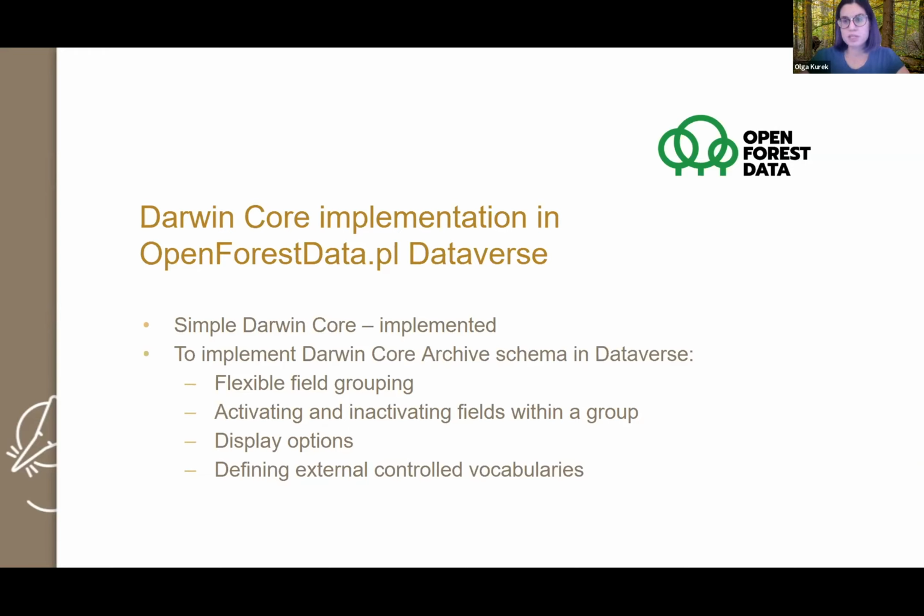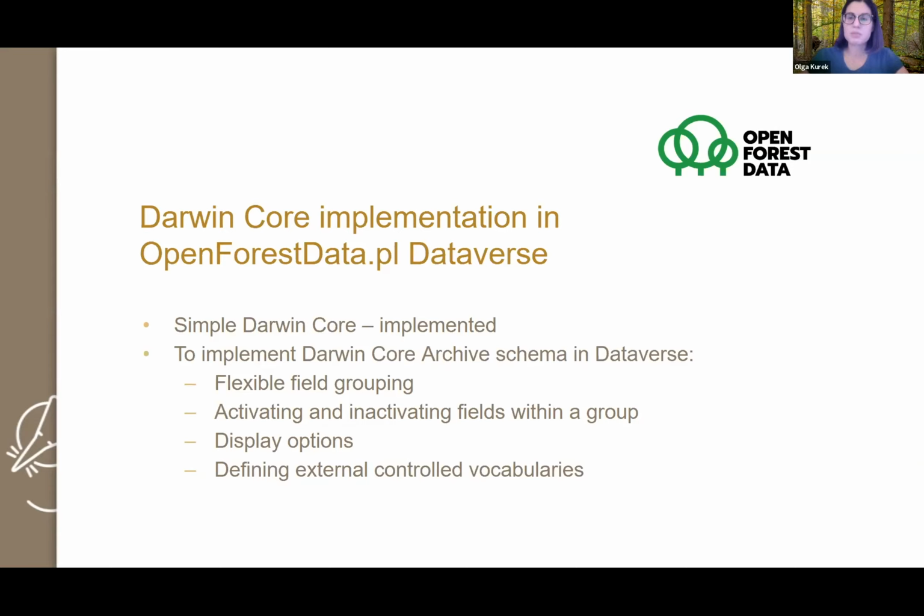As well, I think that it would be useful to define external controlled vocabularies. It would be very useful for us to define vocabularies of taxonomy, of species, because now we can only hard code those vocabularies into metadata blocks.